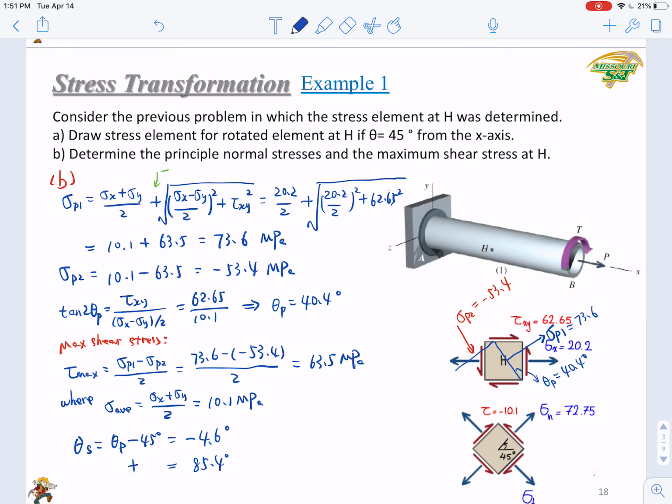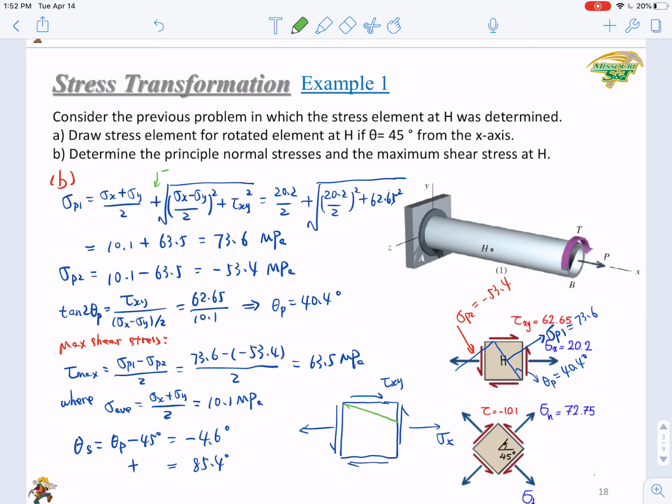Meaning that if you start from the original stress element, where you have tau xy and sigma x, and want to find the maximum shear stress, you just need to rotate it by negative 4.6 degrees from the x-axis.